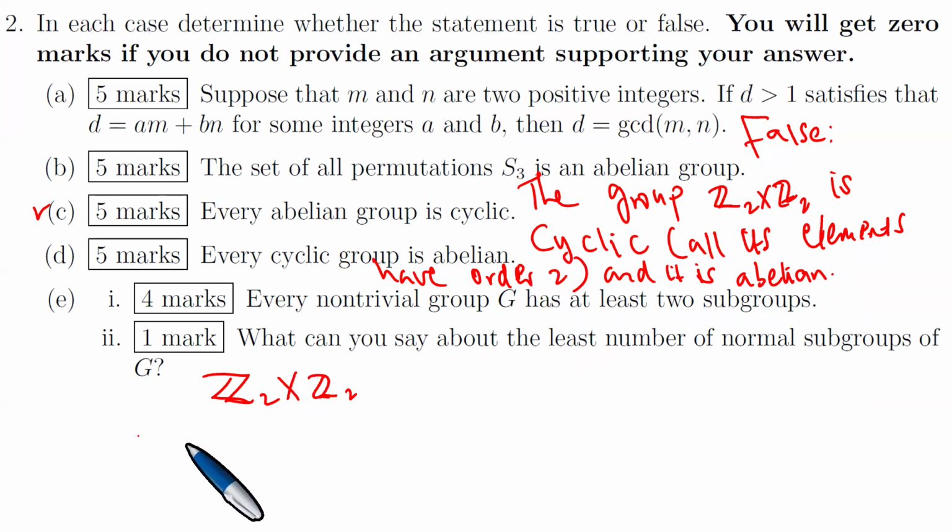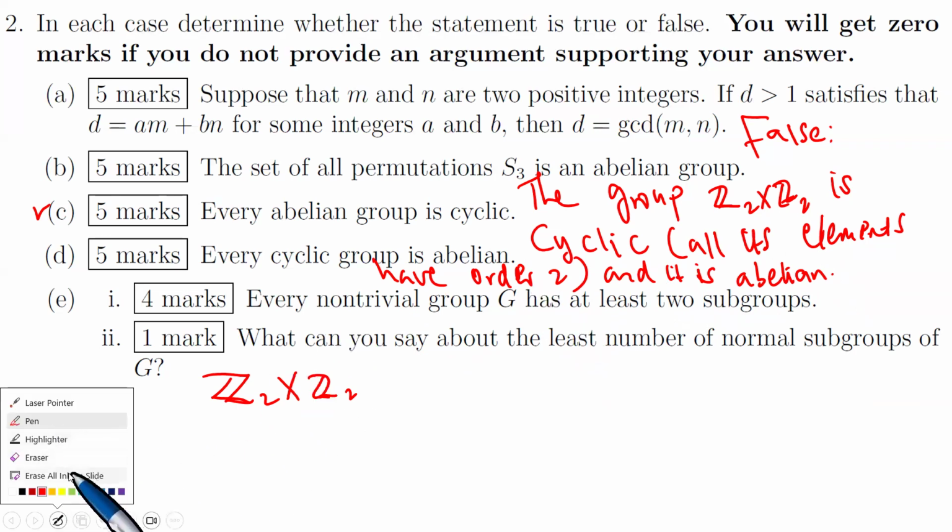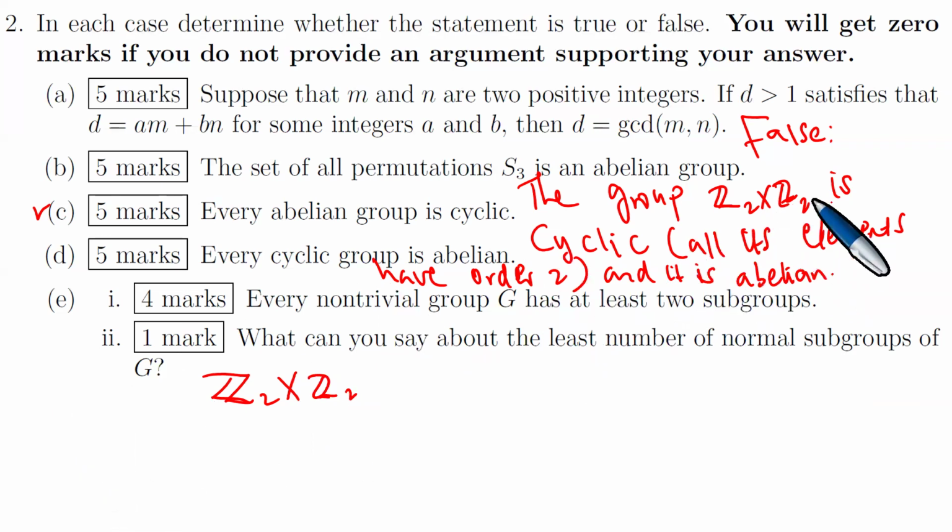Anyhow, my point is that the group is not cyclic. You can see why that is the case. What are the elements of this group? I'm sure you will get to spend a bit more time when we discuss these groups, the free abelian groups and so on, and the finitely generated groups.